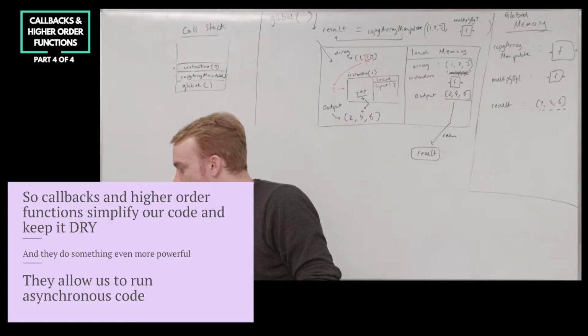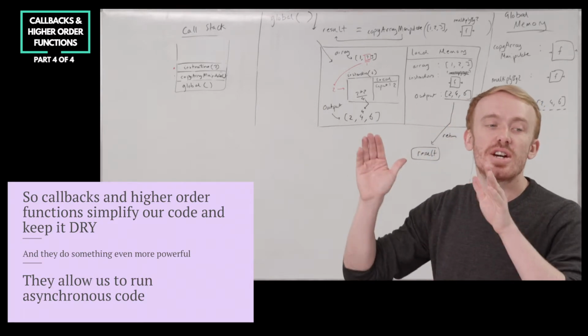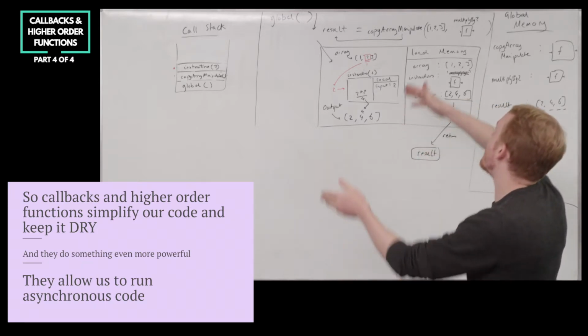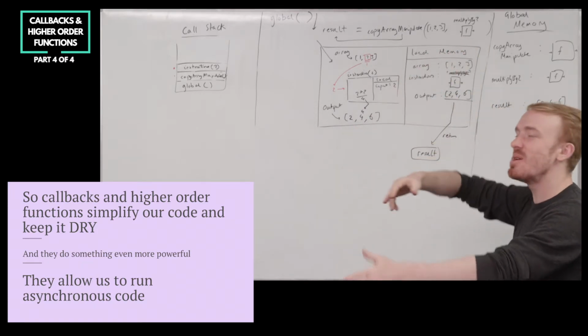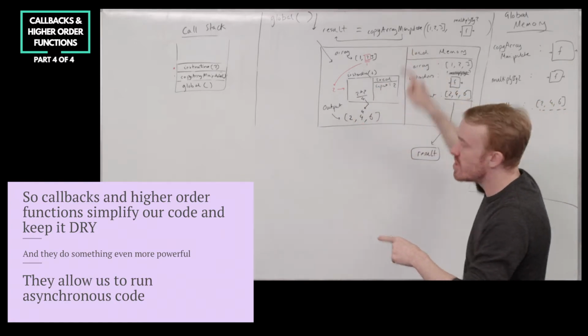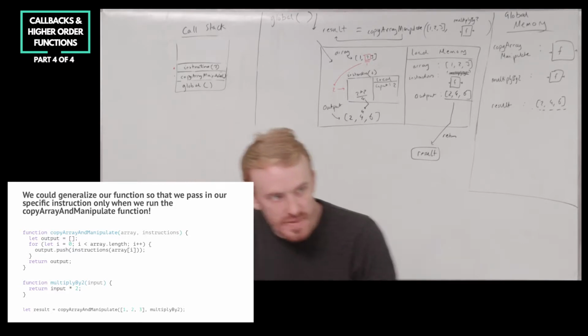So, callbacks and higher order functions, they simplify our code, they keep it DRY. We no longer had to create copyArrayAndAdd3, copyArrayAndMultiplyBy2, copyArrayAndDivideBy2. We built one general copyArrayManipulate, and it had a placeholder for the specific thing we were going to do to the individual elements.